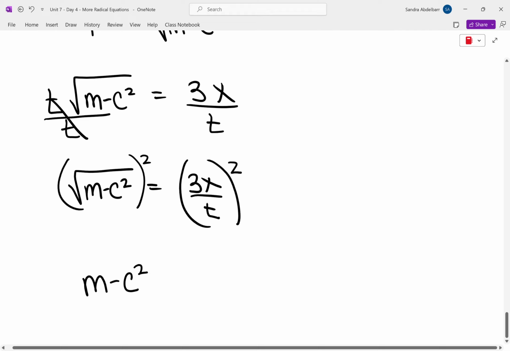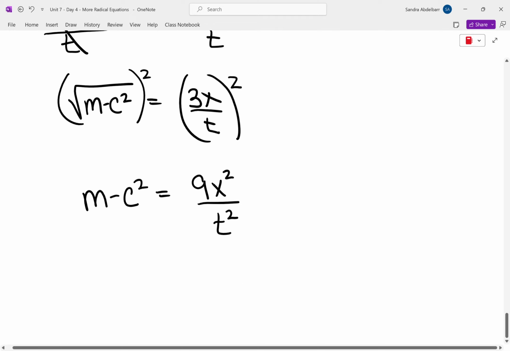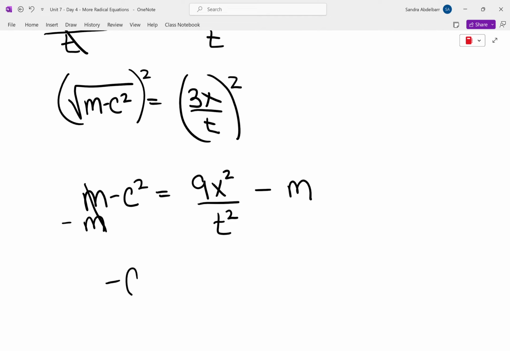When I square both sides, I'm going to get m minus c squared equals 9x squared over t squared. I'm now going to subtract that m on both sides. So now I have negative c squared equals 9x squared over t squared minus m.